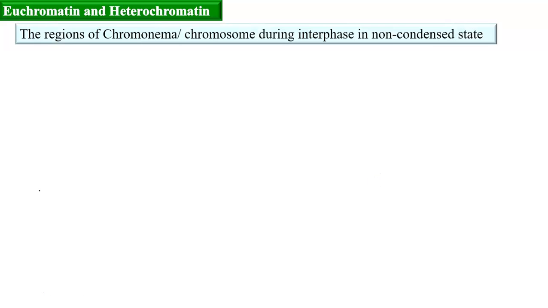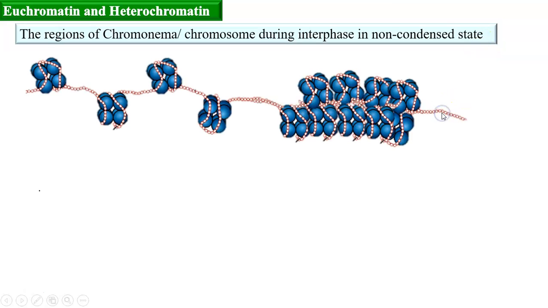Now we will understand the two regions observed in a chromosome, which are euchromatin and heterochromatin. These regions are observed during interphase, when the chromosome structure is in the non-condensed state.